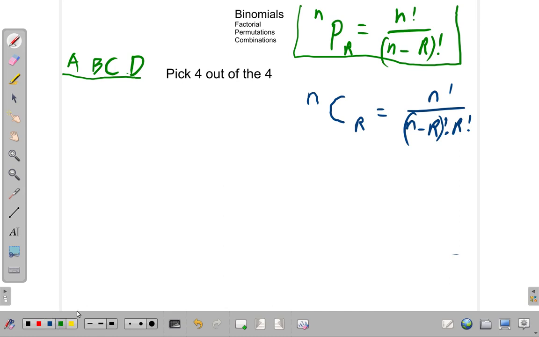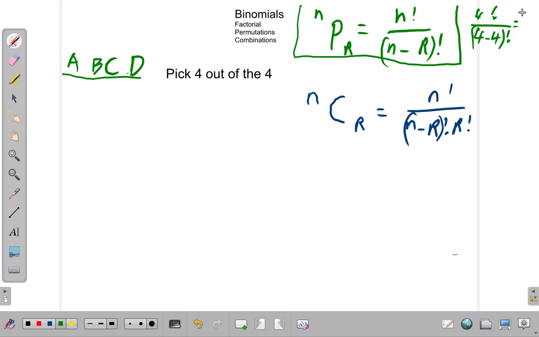According to the permutation formula, you should get n factorial, the number available, 4 factorial, divided by 4 minus 4 factorial, which would be 0 factorial. 0 factorial is 1, so it's 4 factorial. You're choosing 4 out of 4.